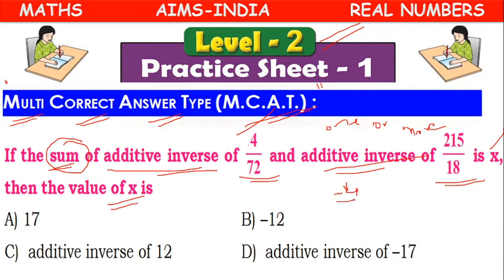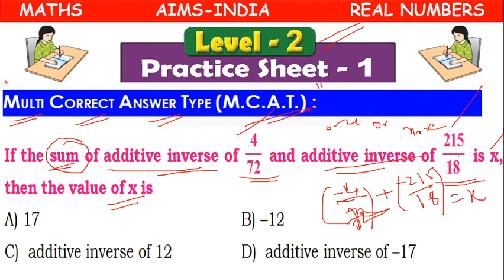Additive inverse means we just have to change the sign: minus 4 by 72. The additive inverse of the second one is minus 215 by 18. First one plus second one, their sum is equal to x. We have to find the x value.